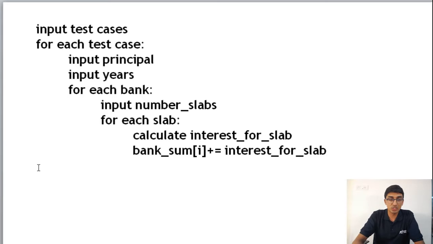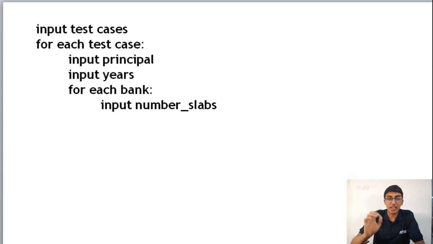So again, just recapping, we had number of slabs first. That is, we took, let's say there were 3 slabs. For each slab, what is going to happen? We're going to take the monthly interest rate and the number of years for that slab, and we're going to calculate the interest for that slab. And once we've calculated the interest for that slab, we are going to add it back into the sum for that bank.